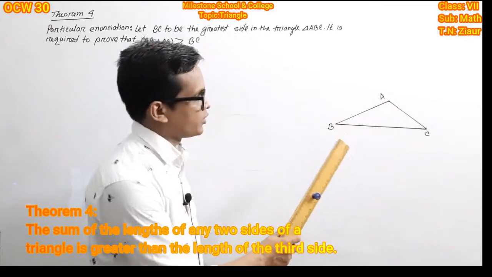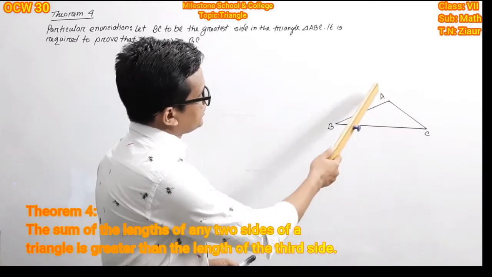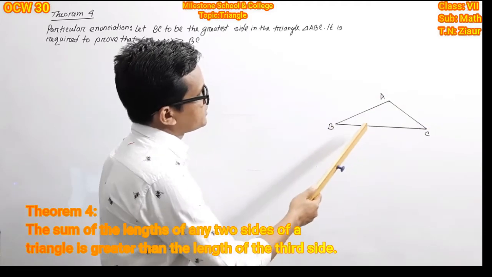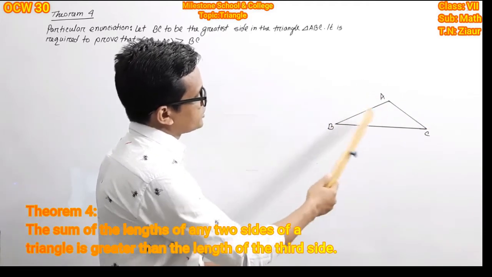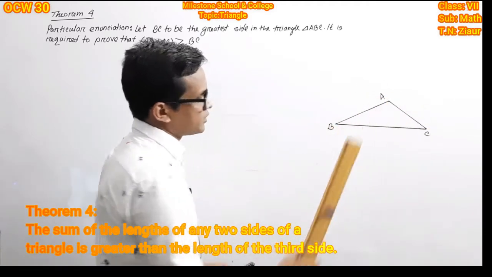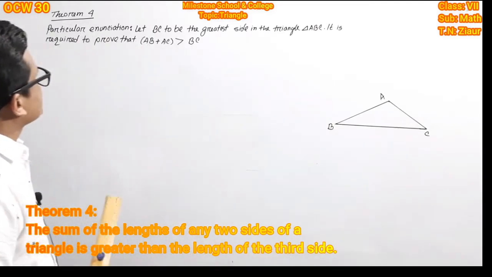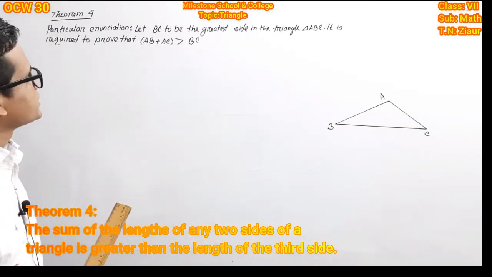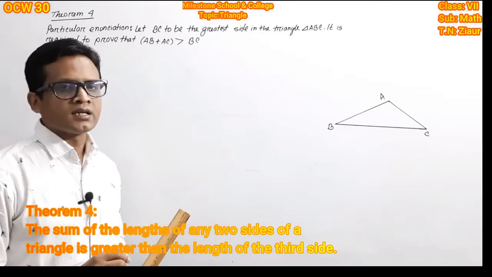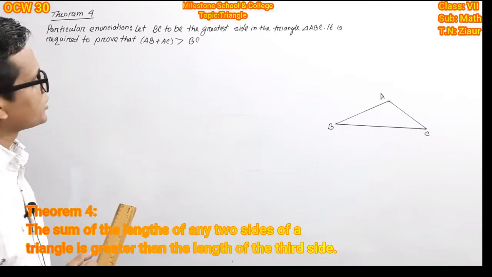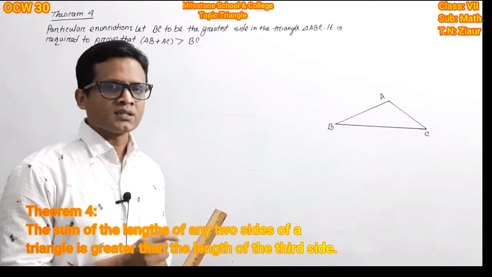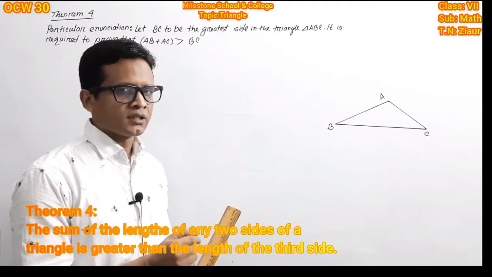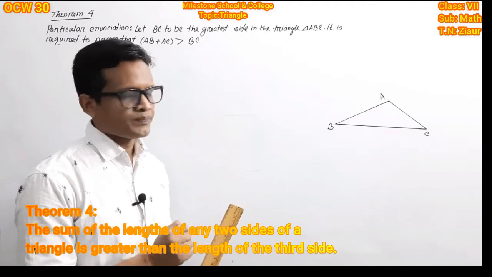Already I have written the particular enunciation: let BC be the greatest side in triangle ABC, and it is required to prove that AB plus AC is greater than the third side BC.